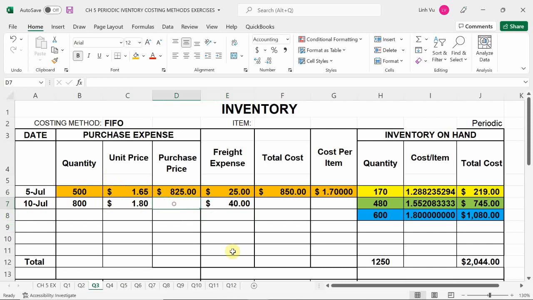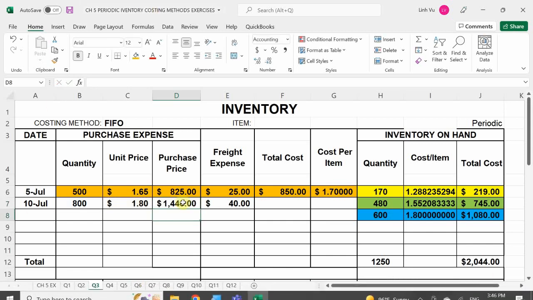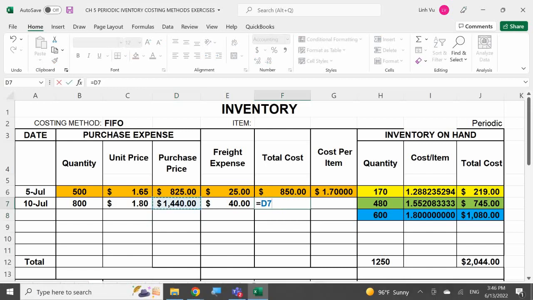So in this case, what's my purchase price here? $1,440, plus $40, makes it $1,480, giving me a cost per item of $1.85.